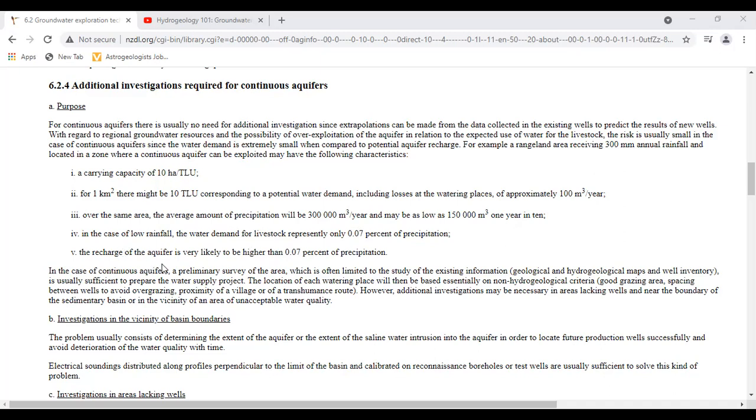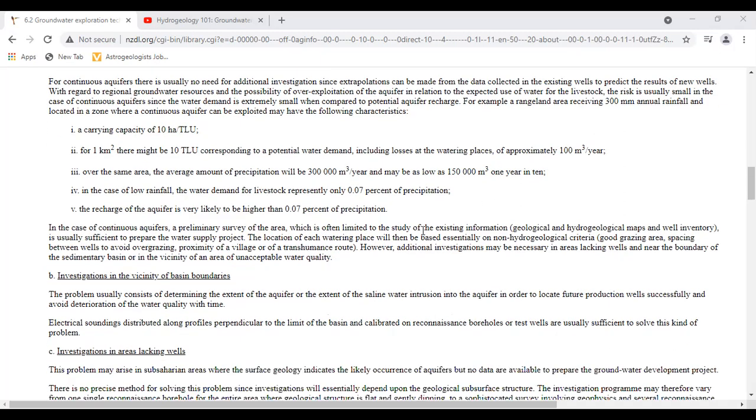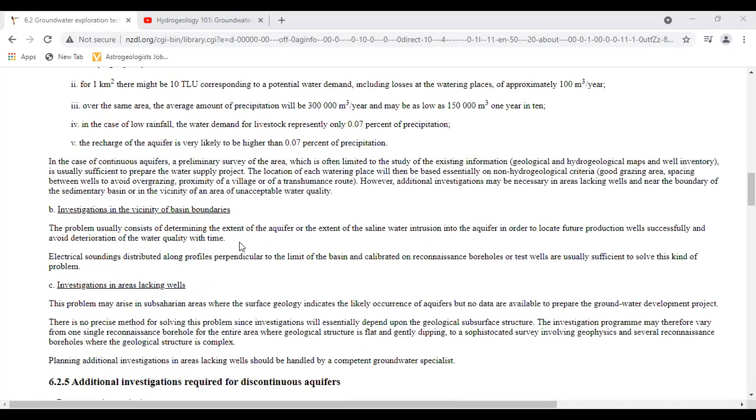The recharge of the aquifer is very likely to be higher than 0.07% of precipitation. And guys, in the case of continuous aquifers, a preliminary survey of the area is often limited to the study of the existing information.